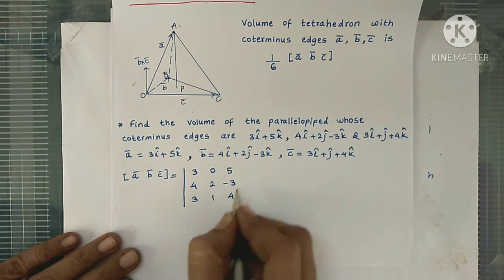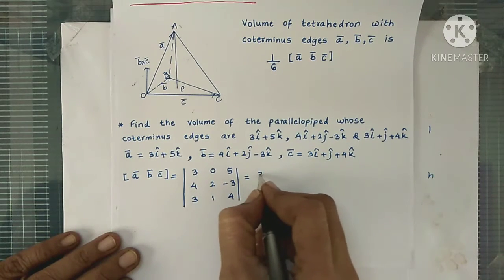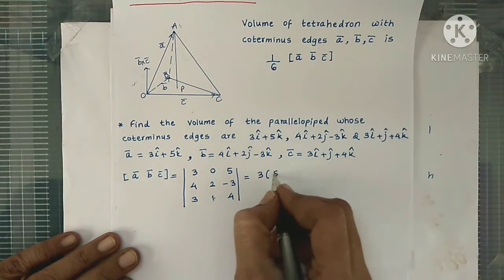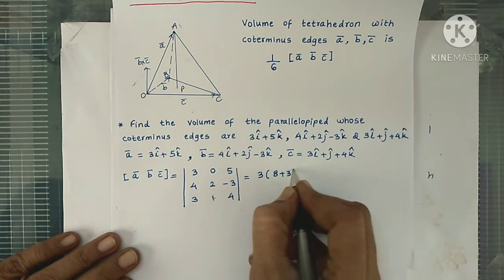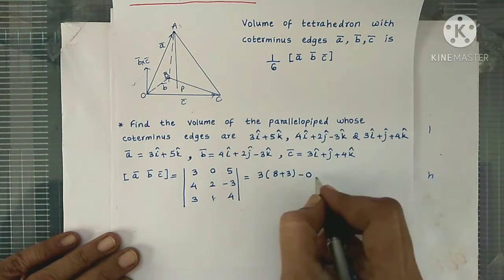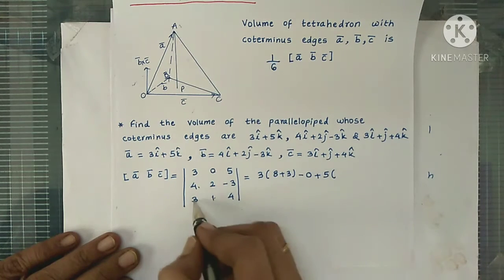Now let's expand this and find the value. Expanding, we have 3 multiplied by (8 plus 3). As the middle term is 0, we don't have the second term, so it is minus 0. The next one is plus 5 multiplied by (4 minus 6).